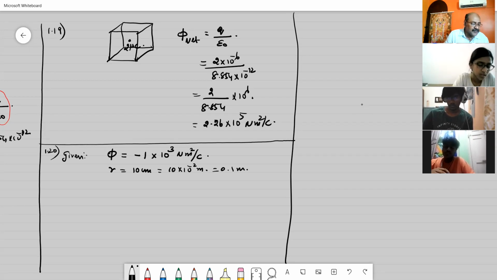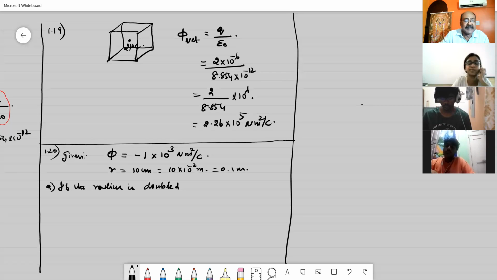Then what is asked: if the radius of the Gaussian surface were doubled. So option A, if the radius is doubled, what happens to flux? That is the question. How much flux would pass through the surface? The net flux never changes.